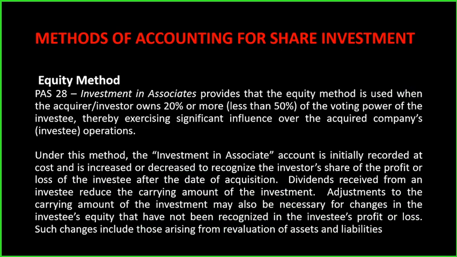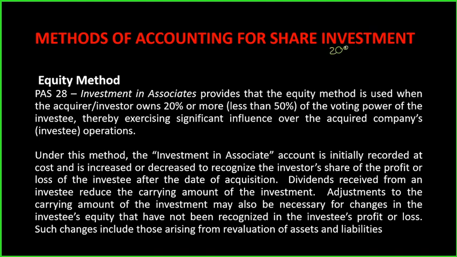Now, under equity method, if your investment will be accounted in this method, it will be used when the investor owns 20% or more. That means there is significant influence, and less than 50. Although in some books it is a bit confusing.